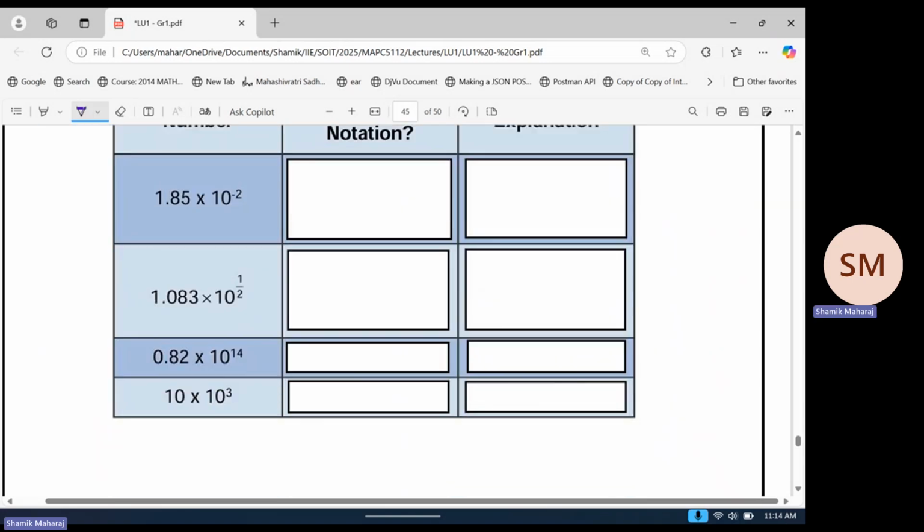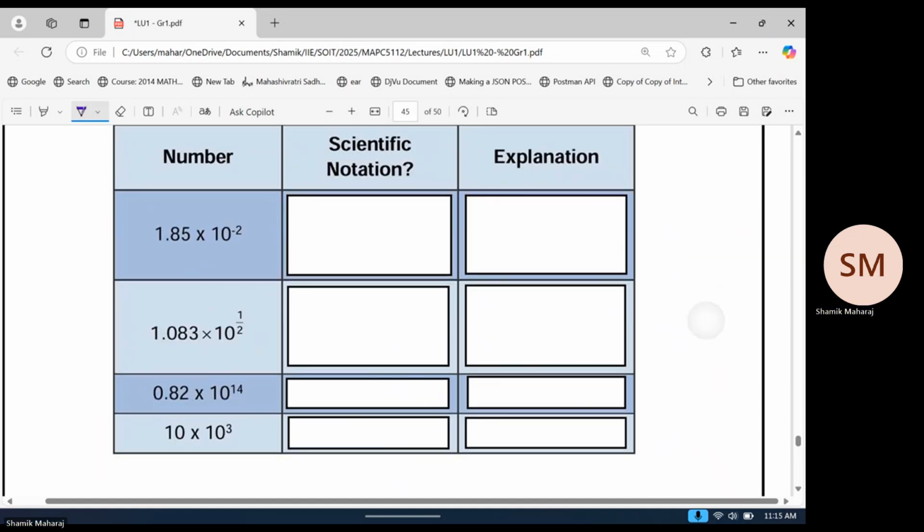So now I think we can finish in the next 15 minutes by doing a few examples with scientific notation. Okay, the first number, 1.85 times 10 to the minus 2, is that scientific notation? Looks like it to me, right? It meets the criteria of the first number being between 1 and 10, and the exponent is an integer. Perfect.